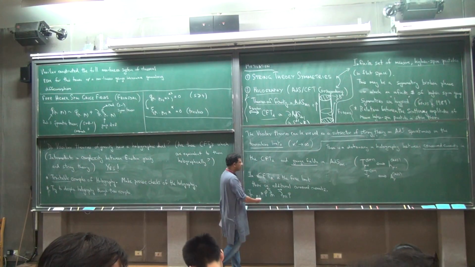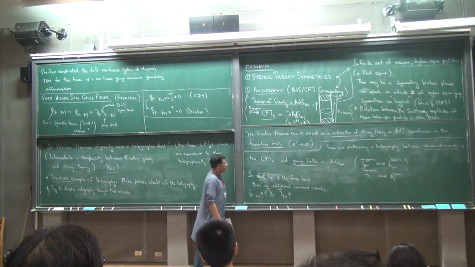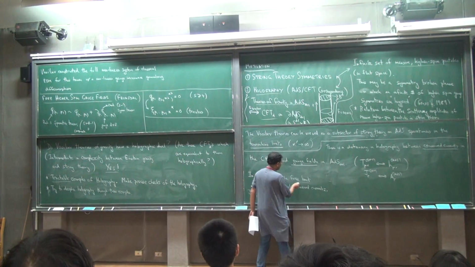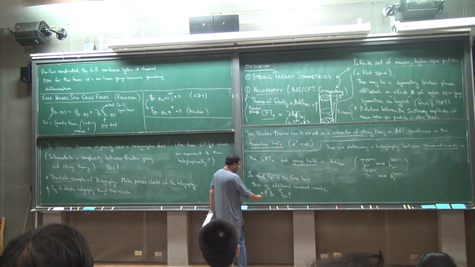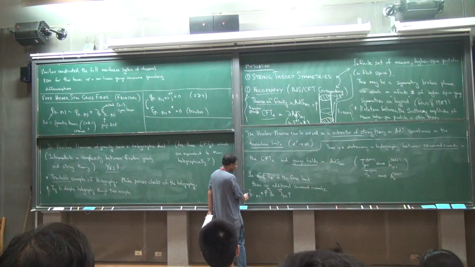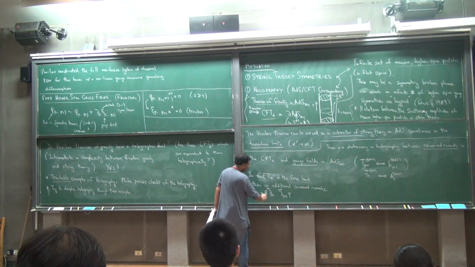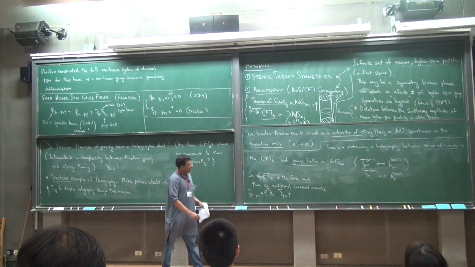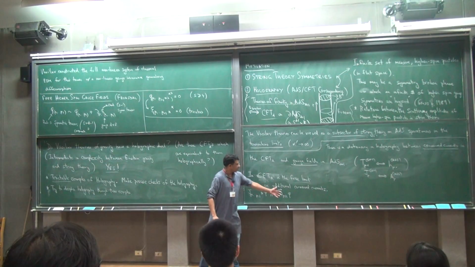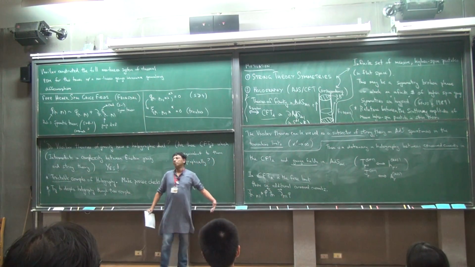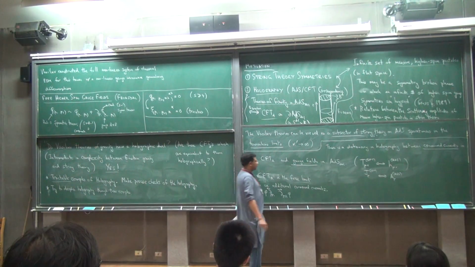And these are conserved by using just the equations of motion. For instance, if you have a massless scalar field, then when you take the divergence, you'll get at least one term which involves box phi, and therefore by the equations of motion that box phi is 0, these are trivially conserved.